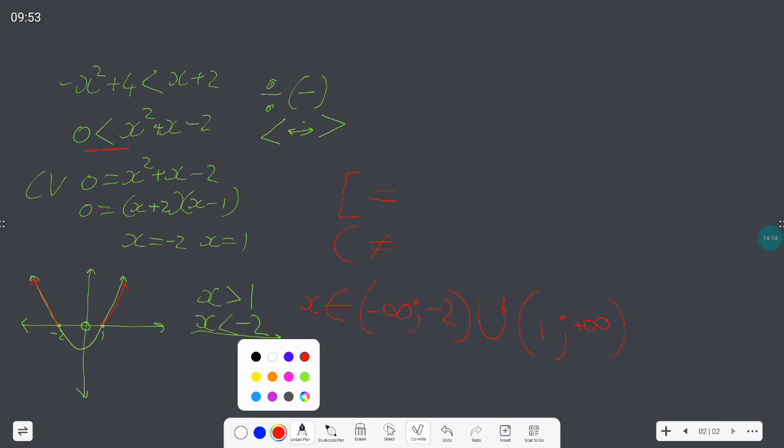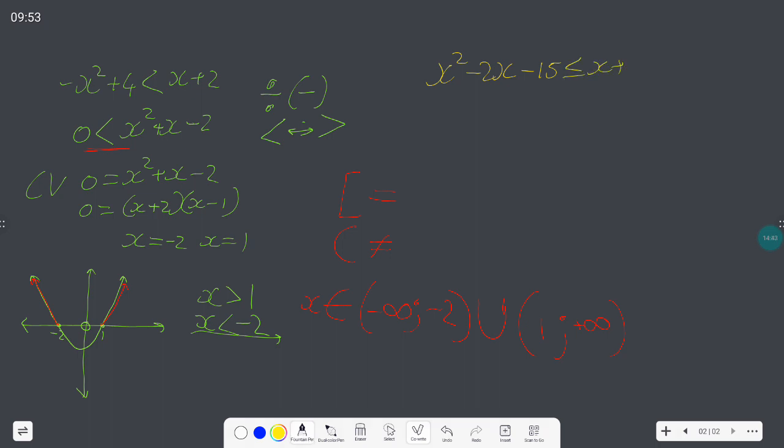Let's go for x squared minus 2x minus 15 is smaller than and equals to x plus 3.